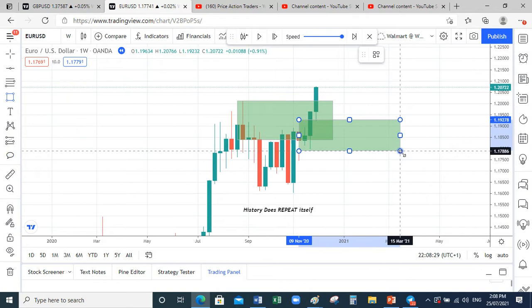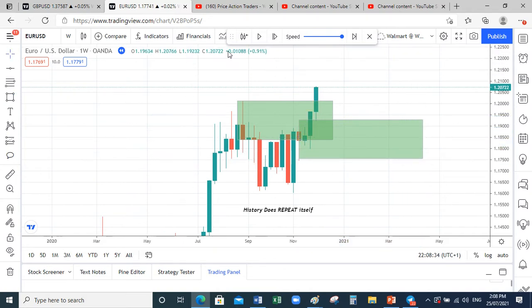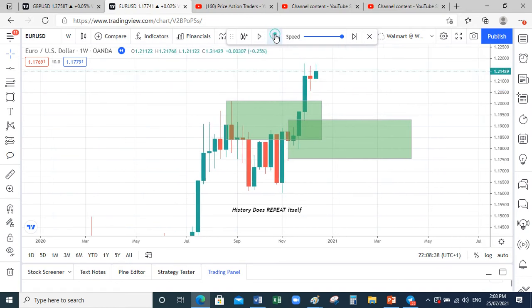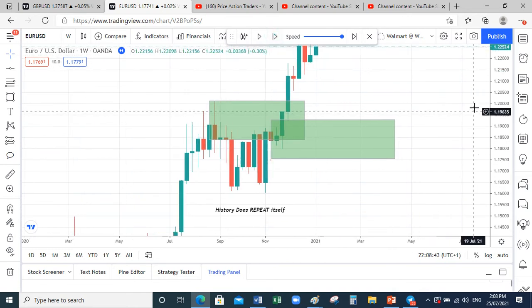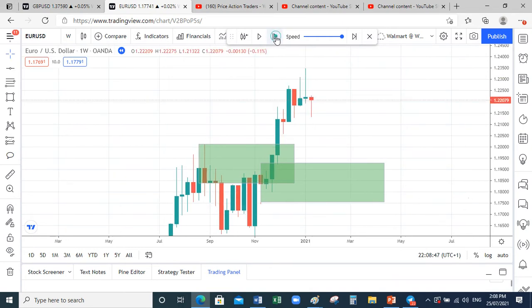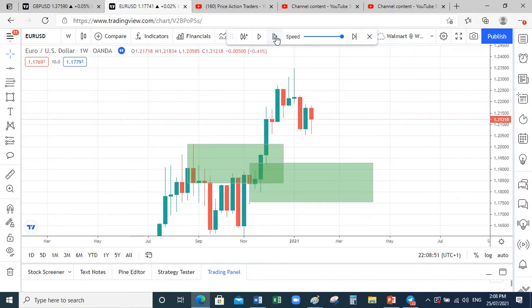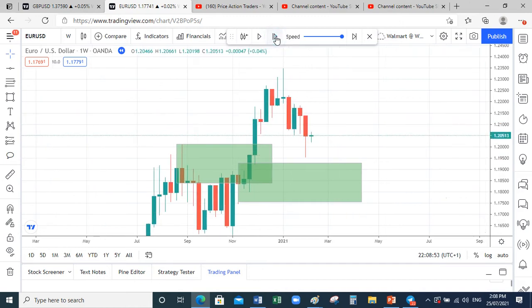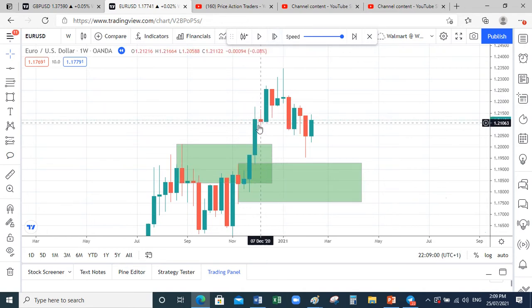We mark out the decision point area, and you see as price moves. See it? Price came down. You see this place? This is a decision point.